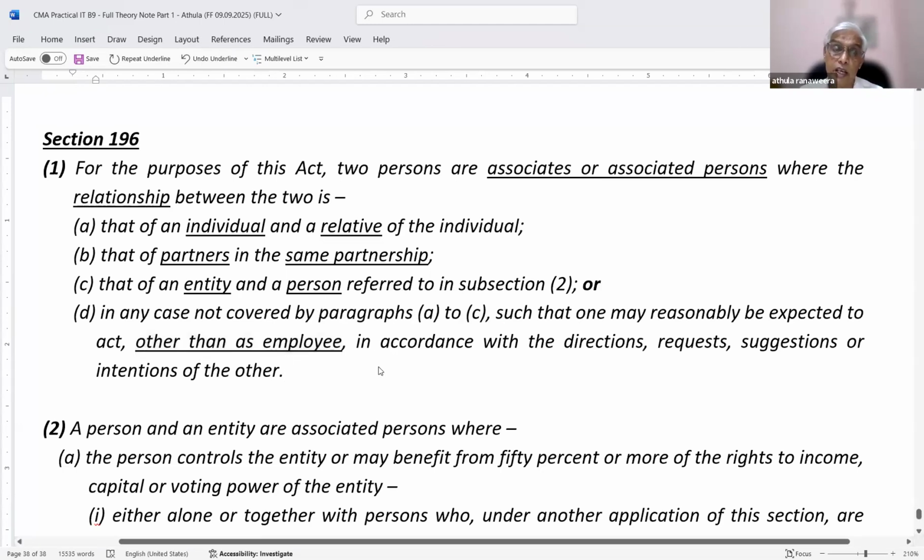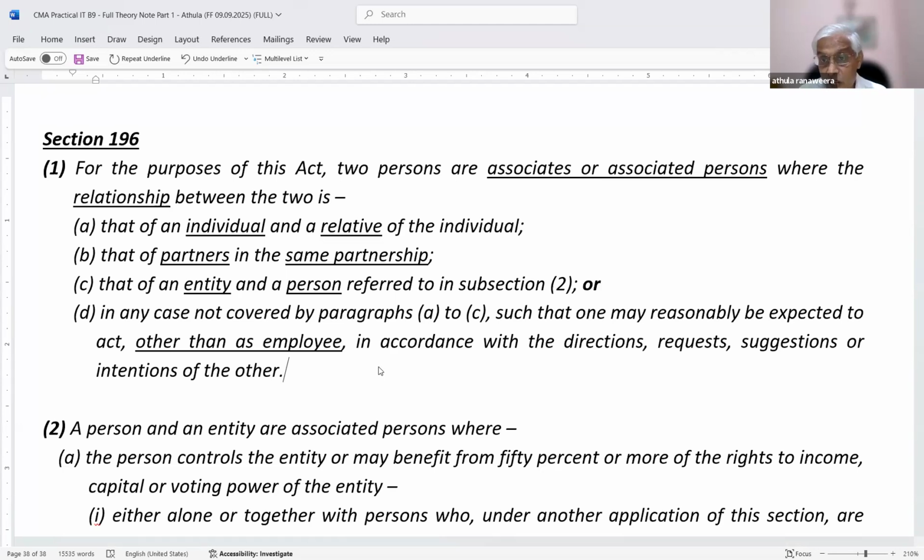Obviously, an employee has to obey the instructions. Here, employee is removed. Other than an employee, if any other person is acting on the instruction, directions, request, suggestions, or intentions of somebody else, then those two persons are associates.